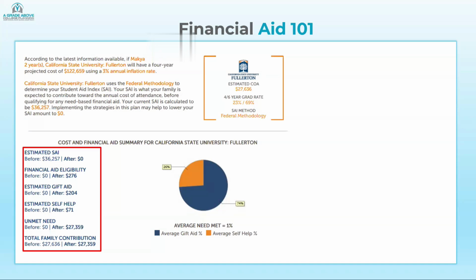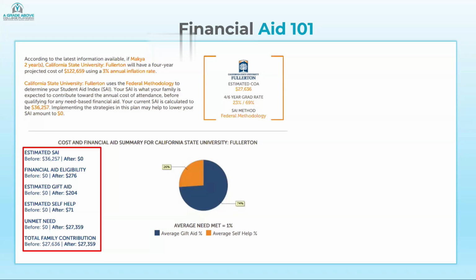I would say take home is right around $200 to $250,000 a year, depending on the year. And as you see the before, it's $36,000. In other words, $36,000 is what the minimum, at this particular college, at most Cal States, they will be expected to pay. $36,000 is what the government says they should be able to afford when it comes to this type of university.